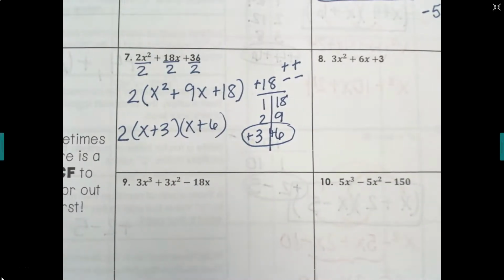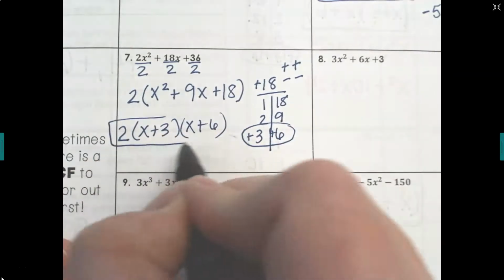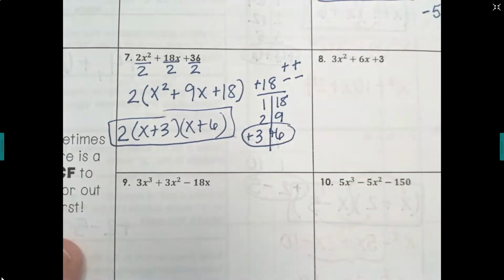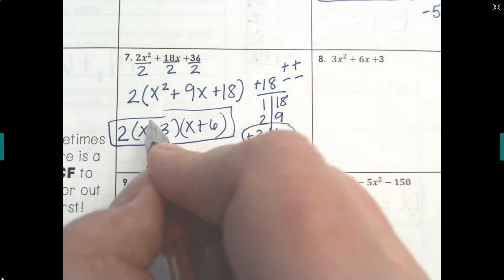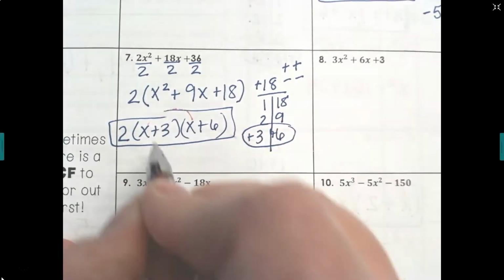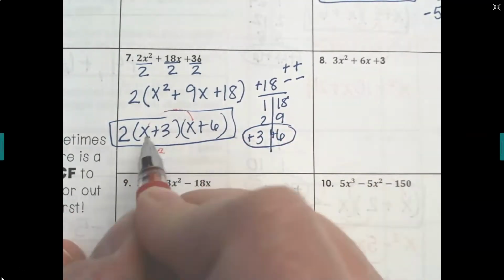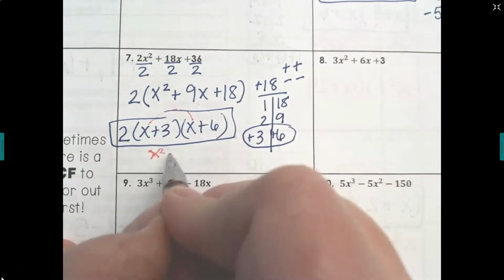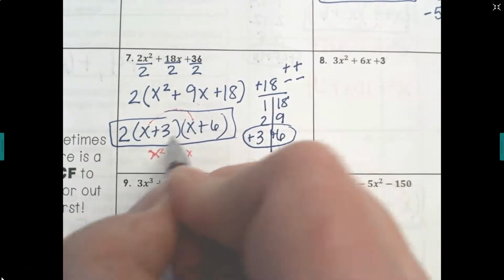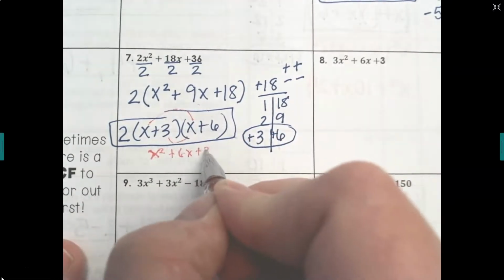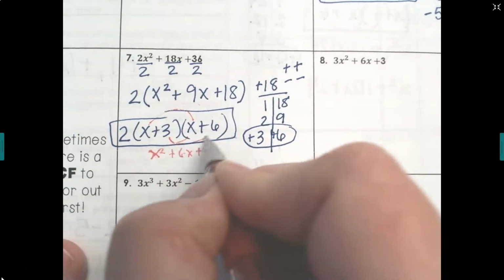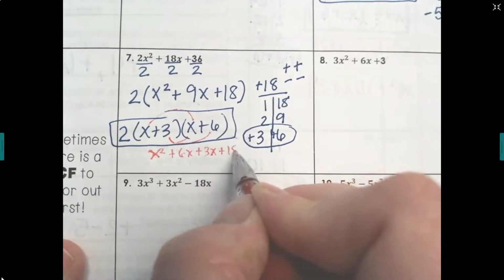Let's just check this real quick to see how we did. This is your factored form, but we're going to check it. So I'm going to hold off and do the GCF at the end. We have x times x for x squared, x times 6 for 6x, 3 times x for 3x, 3 times 6 for 18.